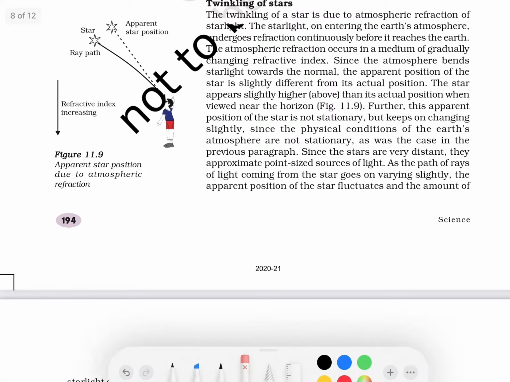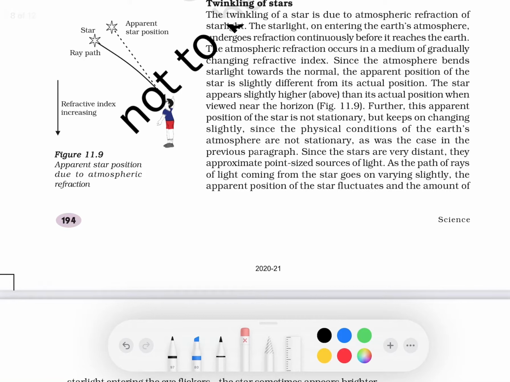Again I will draw the same diagram for you and try to explain. Say this is Earth and this is the atmosphere. Now due to different layers of atmosphere, as I explained, suppose there is a star here whose light enters into the atmosphere, bending towards the normal and towards the normal.